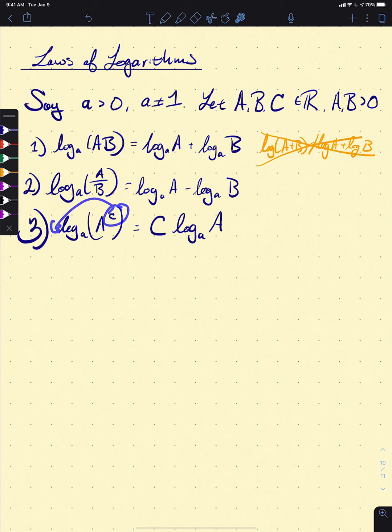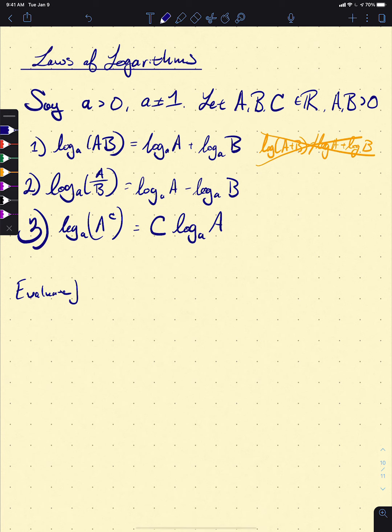These exponentials, when they're in the argument, can always be brought out front, okay? And this allows us to evaluate things that might not be exactly obvious right from the get-go, okay?